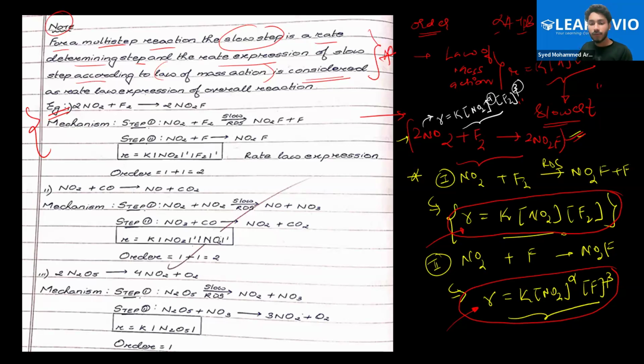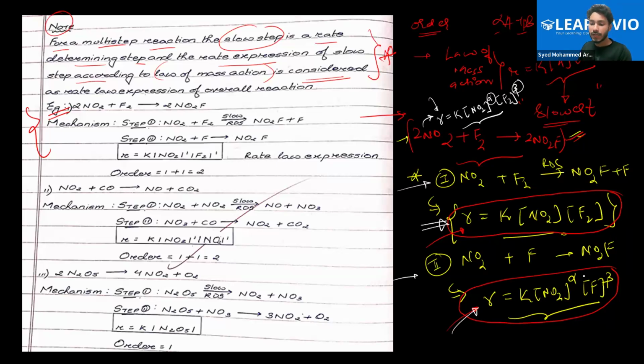It is given that there are two steps responsible for the main reaction. In the first step you apply the law of mass action. In the second step you apply the rate law expression. What you need to do is change the rate law expression of the second step into the rate law expression of the thing required with the help of this one.